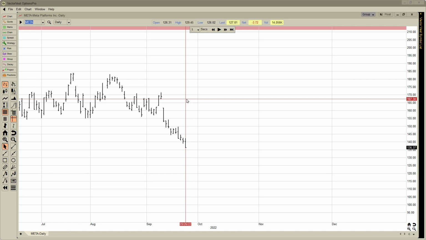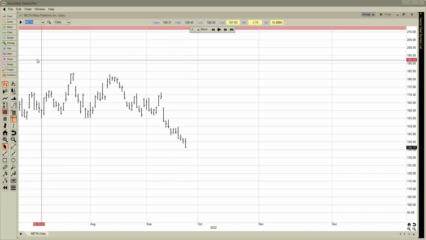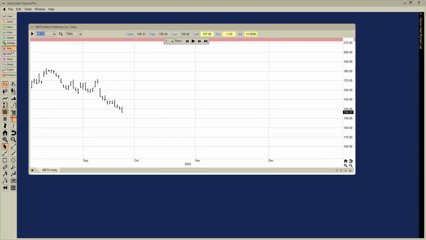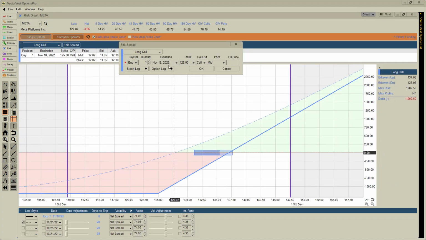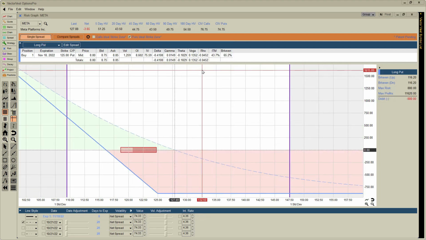Now, the problem with buying a put in a situation like this is a put does not give you the best chance of success. When you buy a put, the stock must move lower. Let me give you an example of this. I'll open up what's called an options risk graph, and let's project buying a November 18th 125 put on Meta.